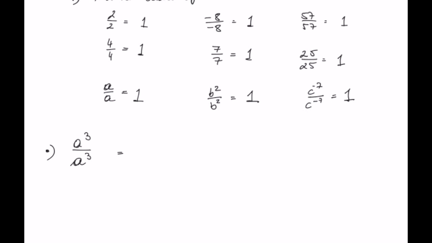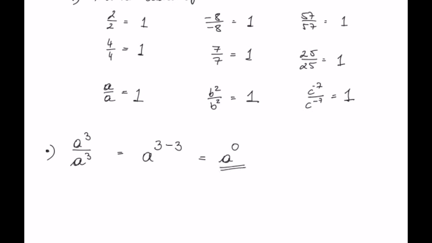You need to subtract them. So a to the power of 3 over a to the power of 3 is a to the power of 3 take away 3. So we have 3 take away 3 is 0. So that gives us a to the power of 0.